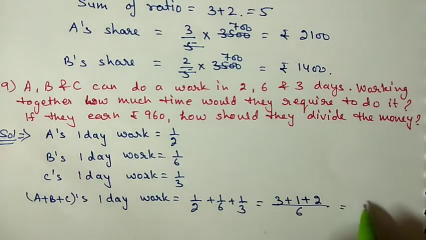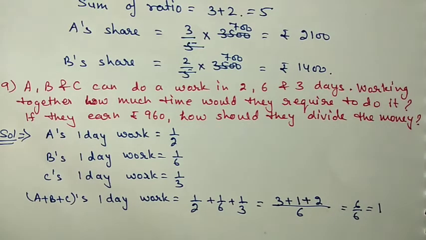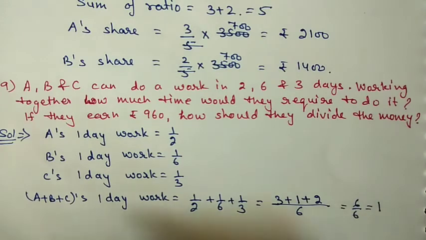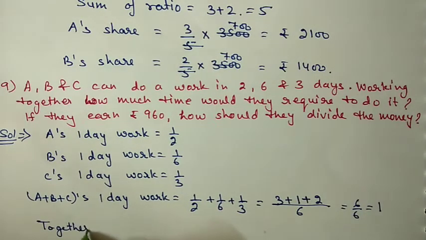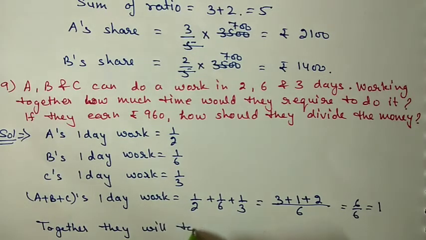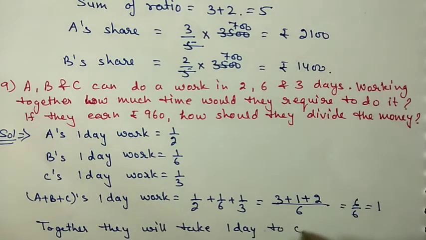So we will get here 6 by 6. 6 by 6 means they will do one work in one day. And here only we can find out their ratio also. Together they will take 1 day to complete the work.